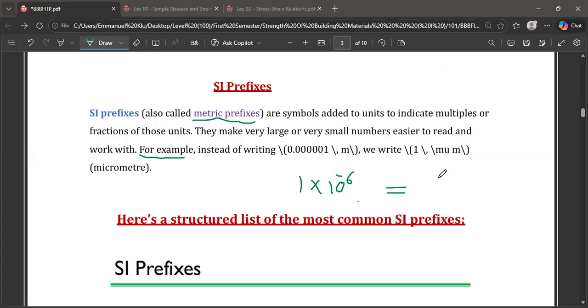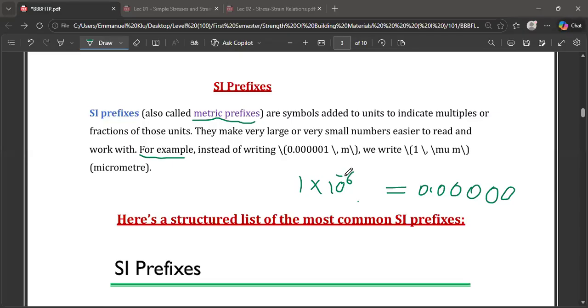You realize that at the end of the day, it's still going to give you the same thing, okay? And this can be expressed as 0.000001. Six zeros, because there is a 6 on top of the 10.